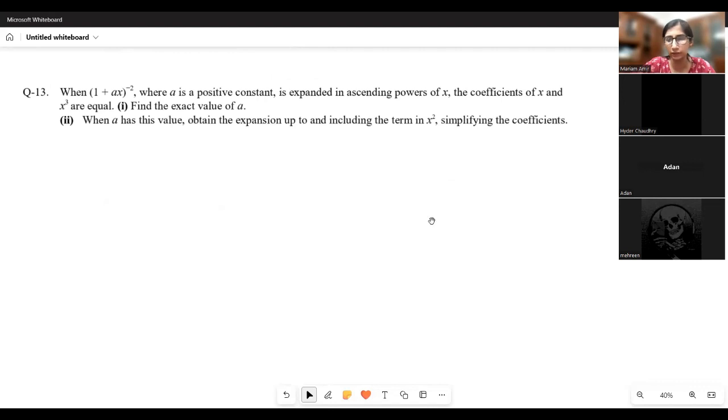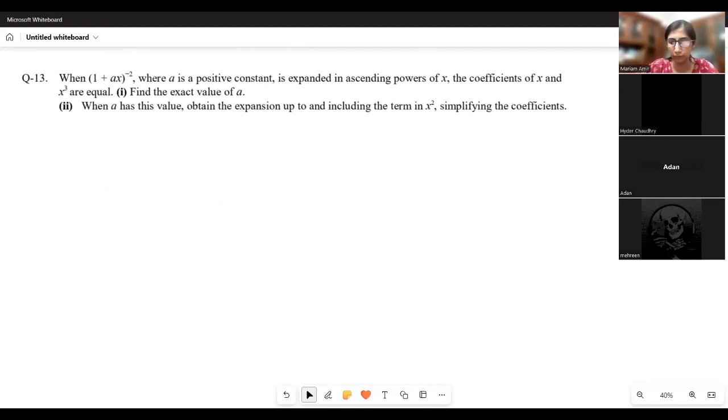Question 13. Okay, how many are left? 13, and then okay. Can you hear my voice? I think the computer. Give me a second.